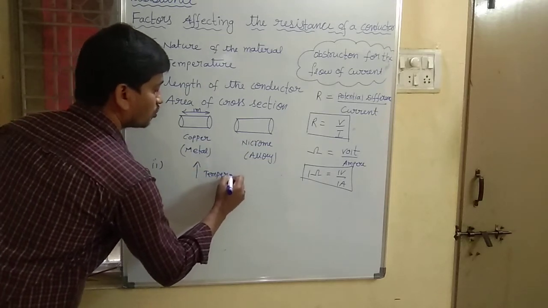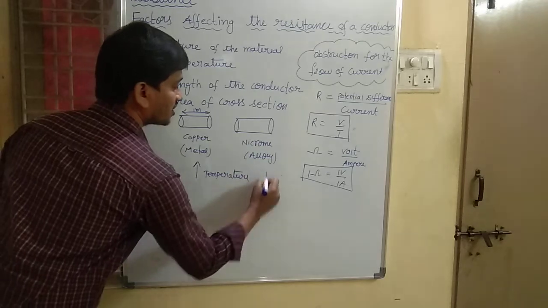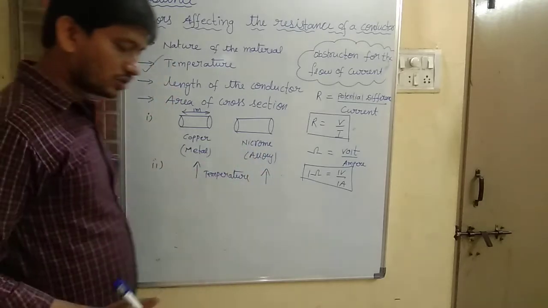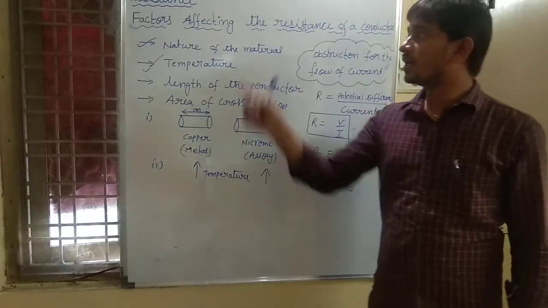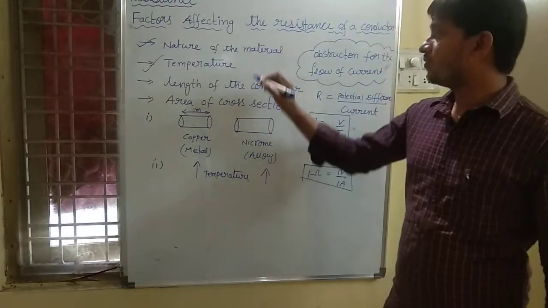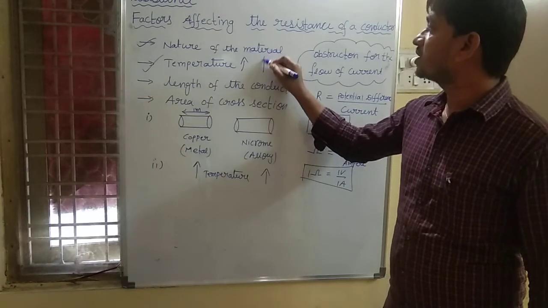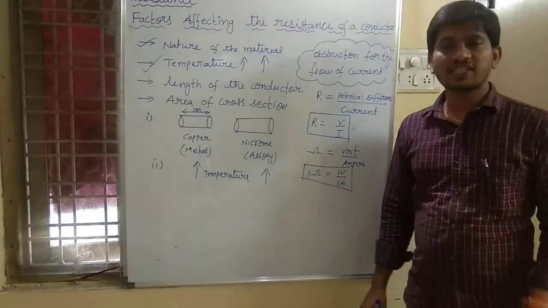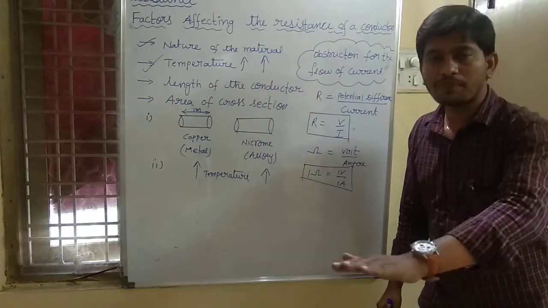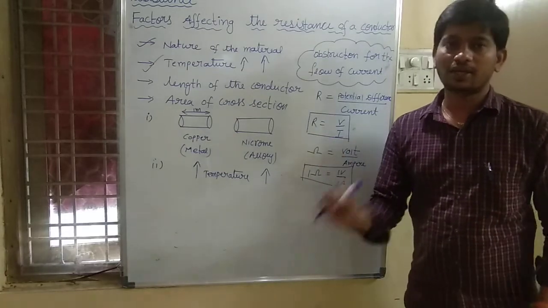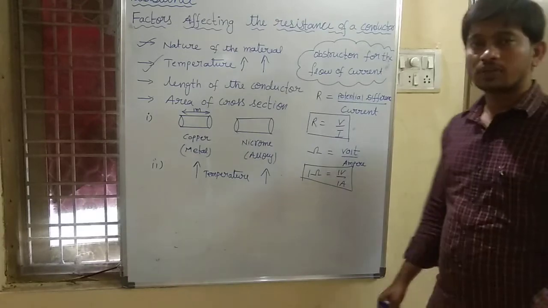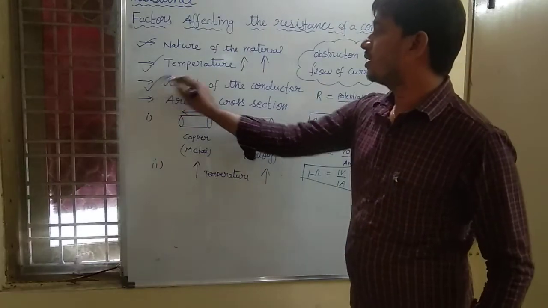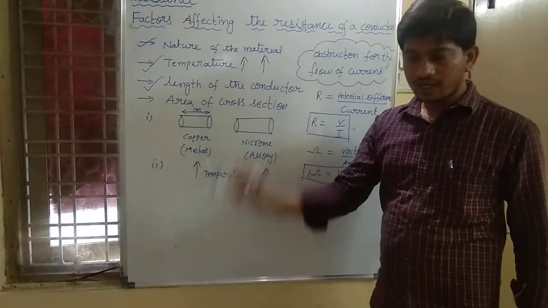If the temperature is more, then resistance is also more. As we decrease the temperature, resistance will be less. That is second one, temperature. And coming to third one, that is length of the conductor.